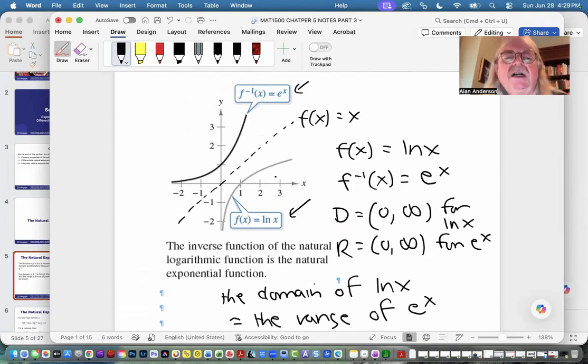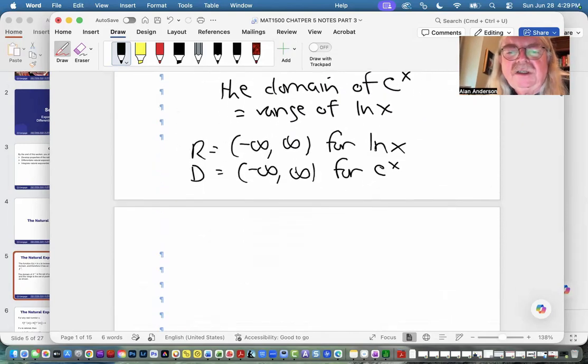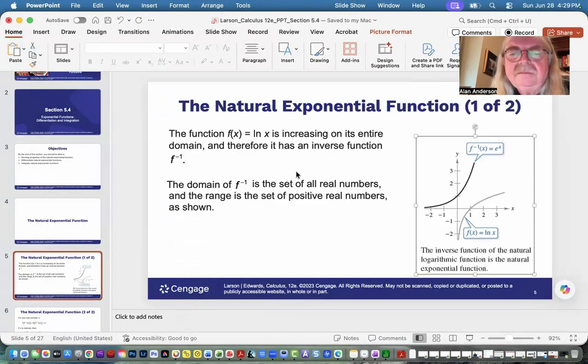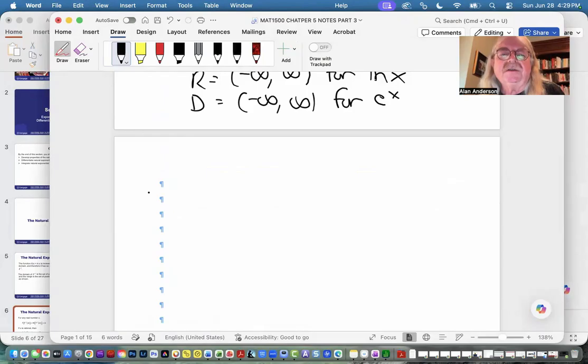In other words, there's no value of x for which this function is undefined. Down here, there's no value of y for which this is undefined. Okay. All right. So that's how they're related to each other. And so, of course, what they're showing you here too is they're proving that they're inverses of each other.